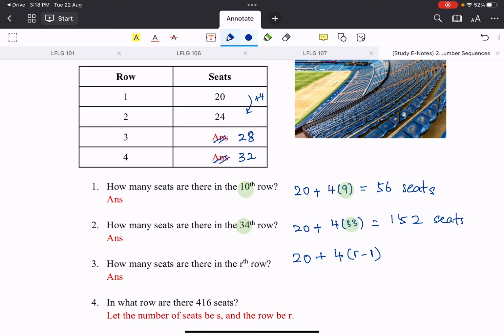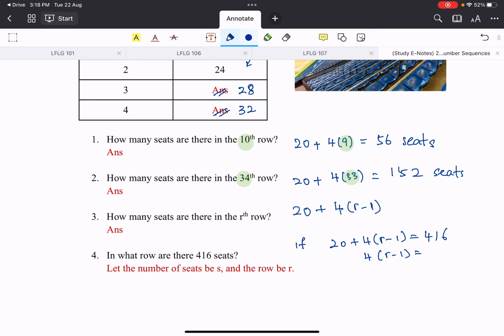And finally, if 20 plus 4 times R minus 1 equals 416, then 4 times R minus 1 equals 416 minus 20, which gives us 396, divided by 4.